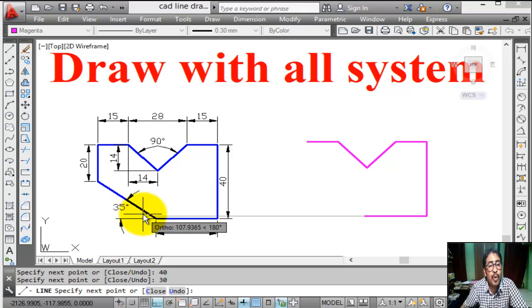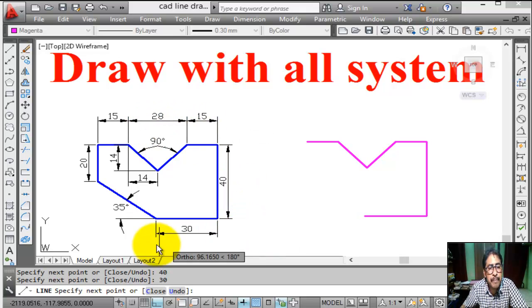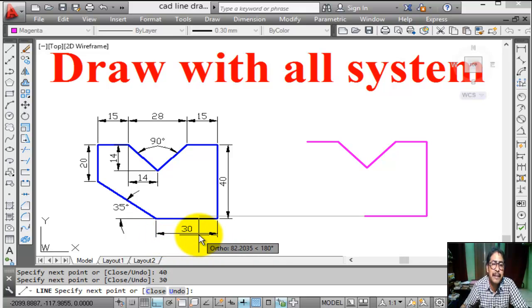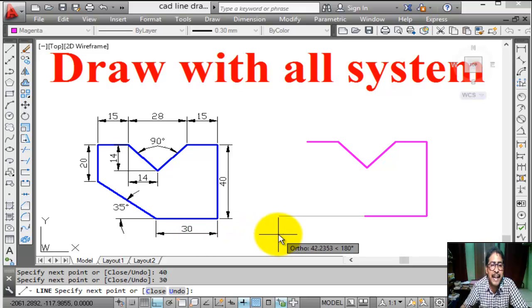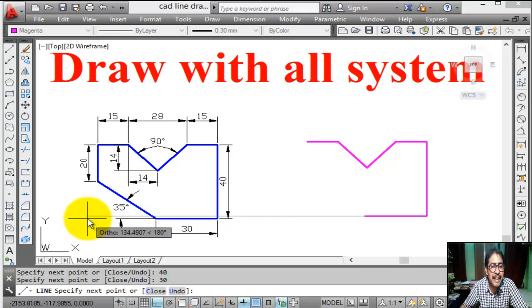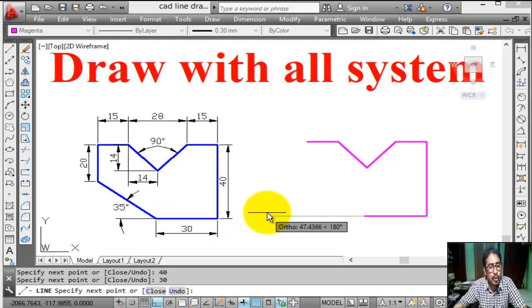Okay, as this dimension is not given, this dimension is 15 plus 15 is 30, plus 28 is 58, 58 minus 30 is 28, this is 28 and this is 20.